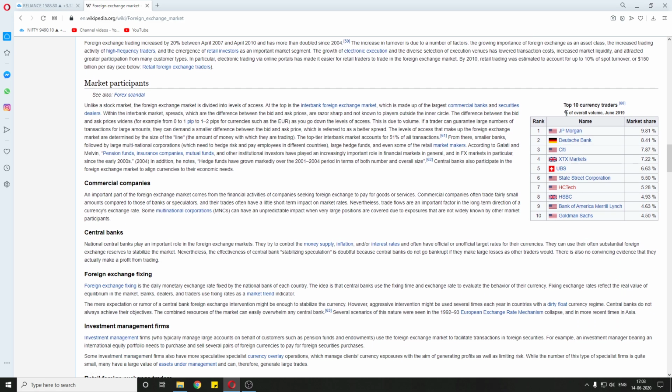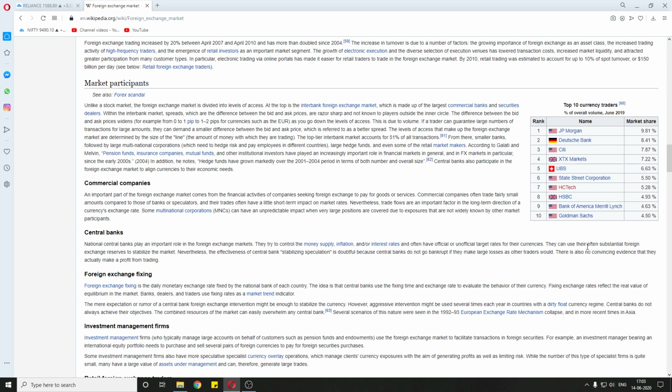This is the percentage of overall volume in June 2019. As I think all of you know, the currency market is the biggest market. I think there is something like $5 trillion traded every day. I'm not sure, but I have heard data like that.